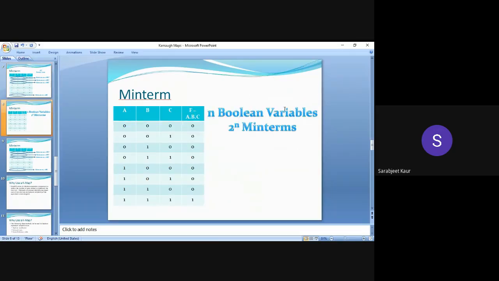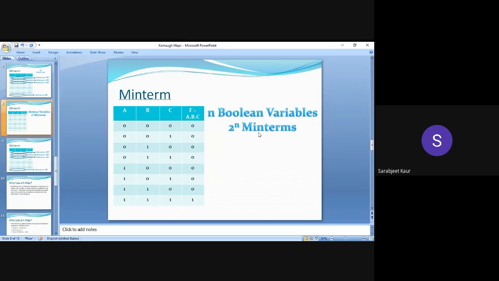Now, for n Boolean variables, how many min terms will be there? Obviously, since there are 2 raised to the power of n rows, there will be 2 raised to the power of n min terms. For 3 variables, we know we have 8 rows in the truth table, and therefore 8 min terms.